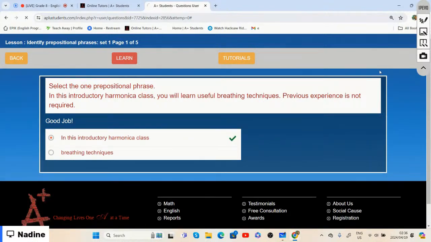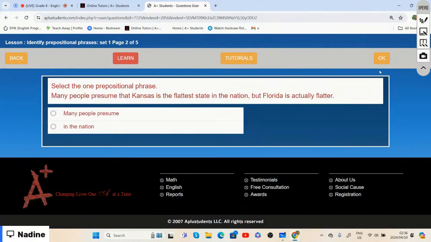Right? So there we have the first one, which is in the harmonica class. Many people presume that Kansas is the flattest state of the nation, but Florida is actually flatter. So now we need to say, is it many people presume or in the nation?